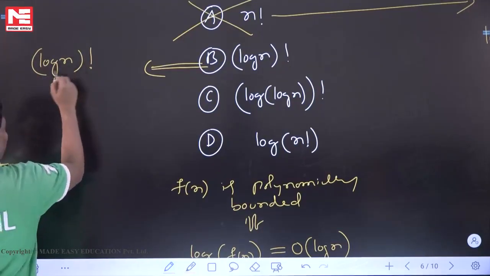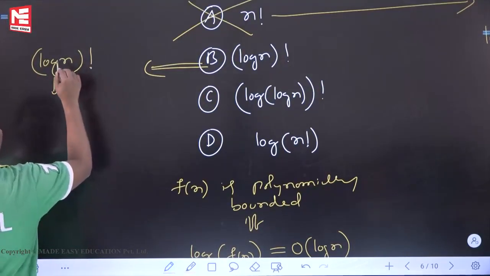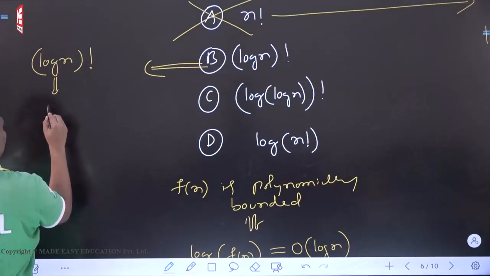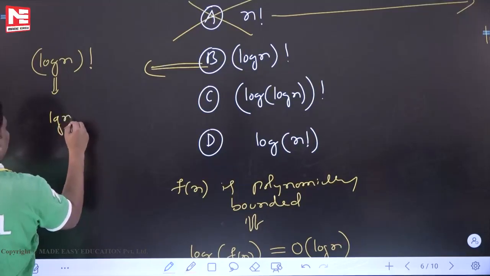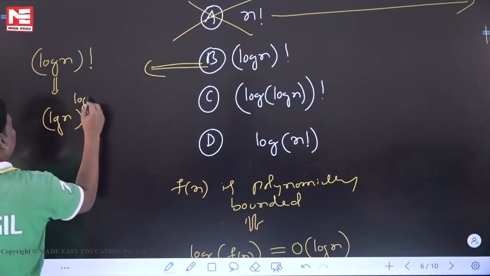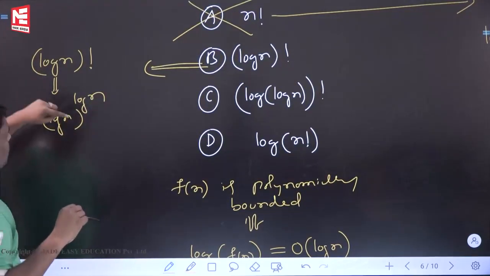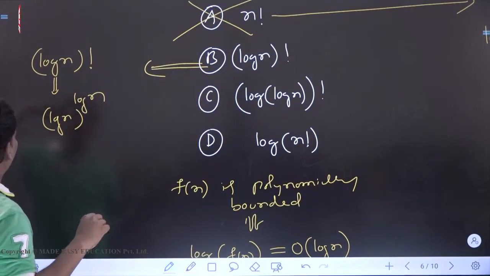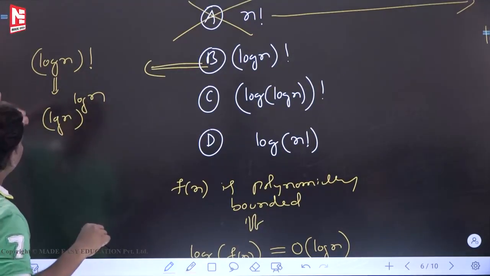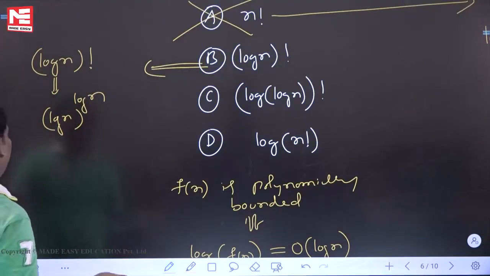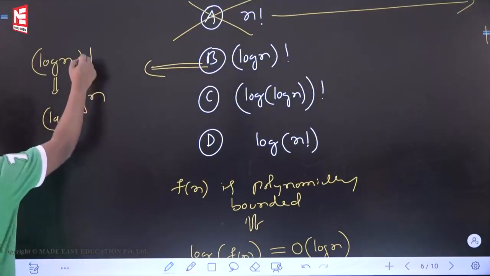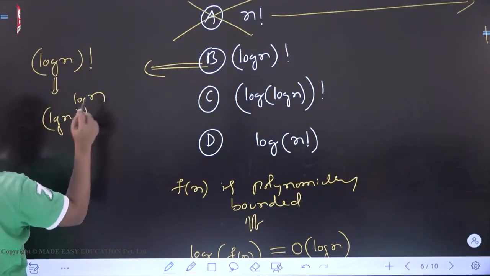Whenever you cannot write exactly, at least write an upper bound. What is the meaning of upper bound? The nearest, closest one which is more than that. N factorial's closest upper bound is n power n. Same way, log n factorial's closest upper bound is log n whole power log n.